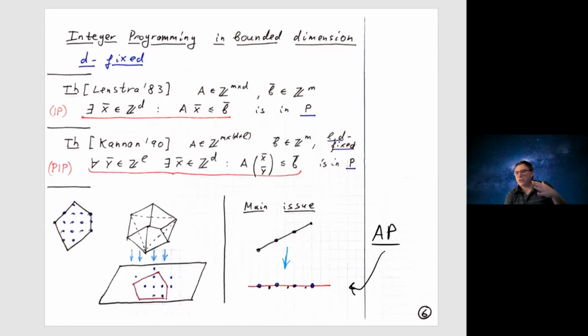That's why arithmetic progressions are highly relevant to this, because essentially every polytope is some kind of alternating sum of high-dimensional arithmetic progressions. And even if numbers are very, very large, the number of arithmetic progressions depends only on the combinatorial structure of the polytope, but not on the numbers themselves.